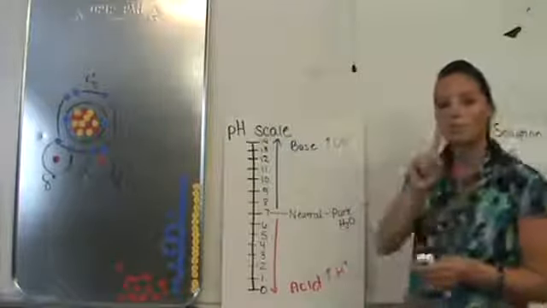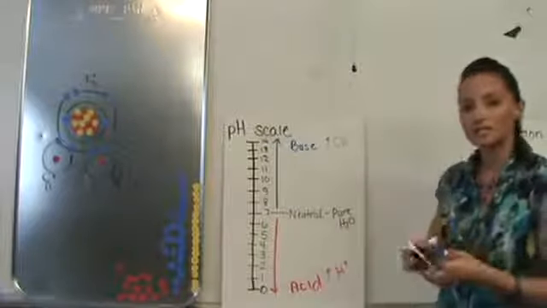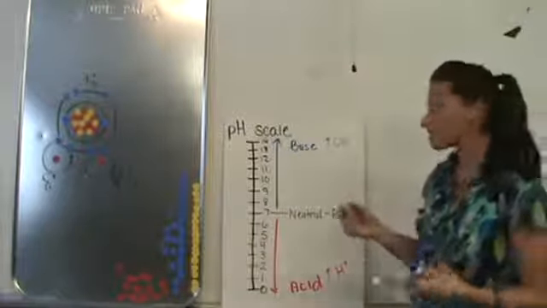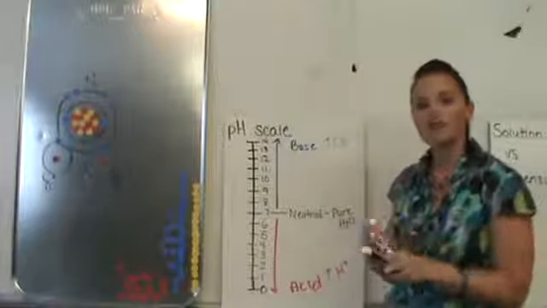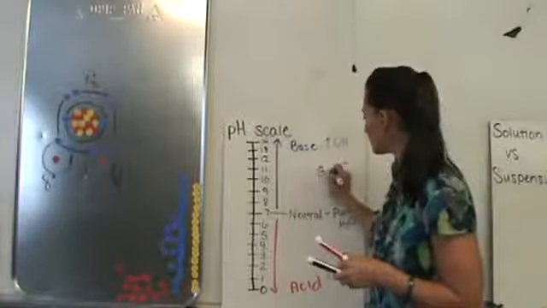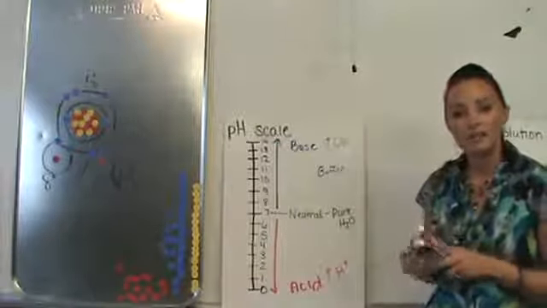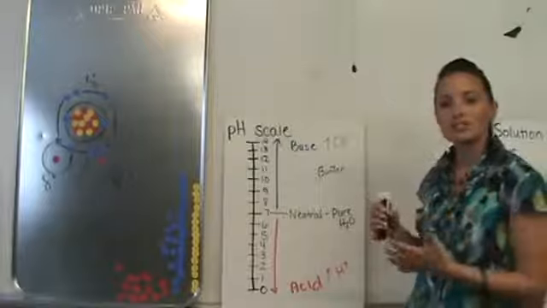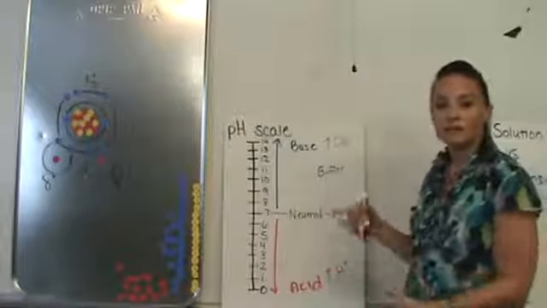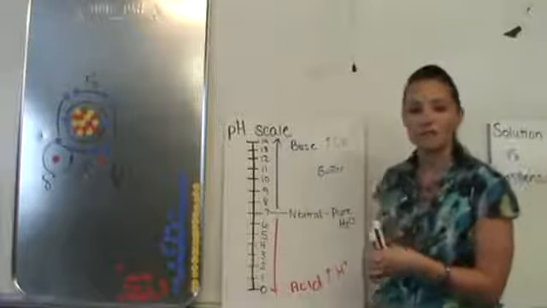Now, there is one exception to this rule. When you have something inside your acid or your base, it's called buffering. Okay, when you have a buffer inside your acid or base, what that does is it actually stops the ability of the OH minus or the H plus to join together.